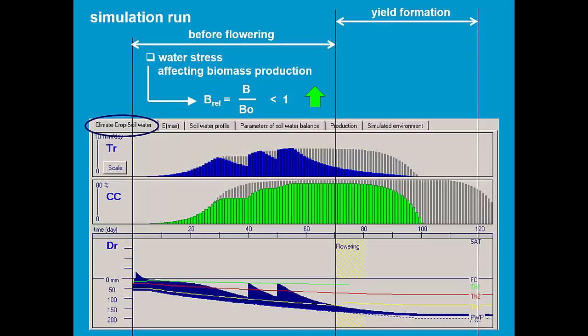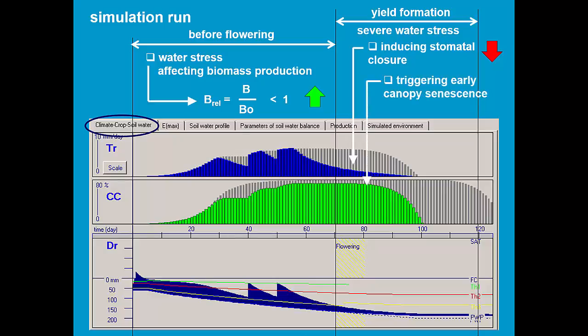During the period of yield formation, there were severe water stresses resulting in stomatal closure. The actual transpiration is far below the potential crop transpiration. This results in a negative decline of the harvest index.